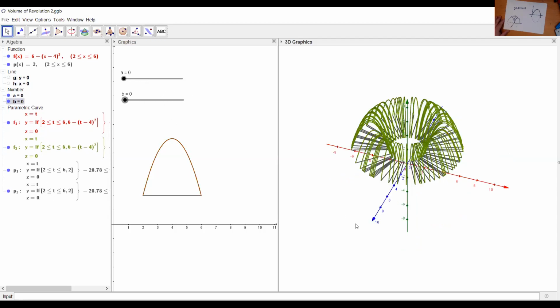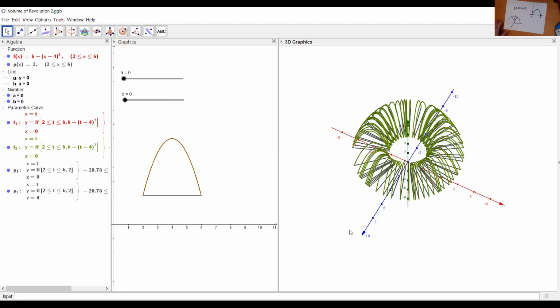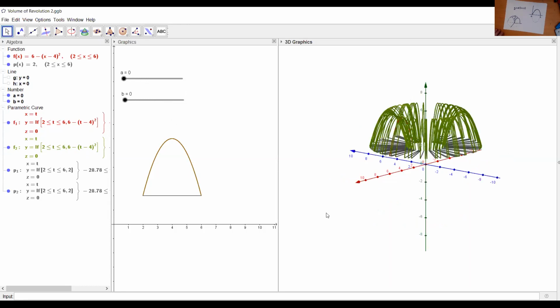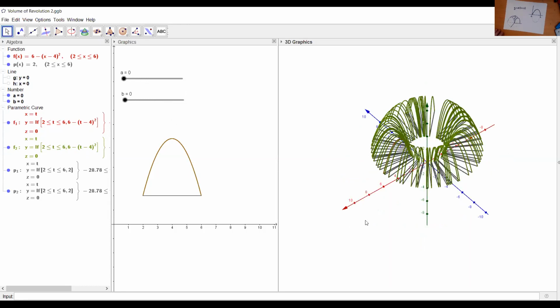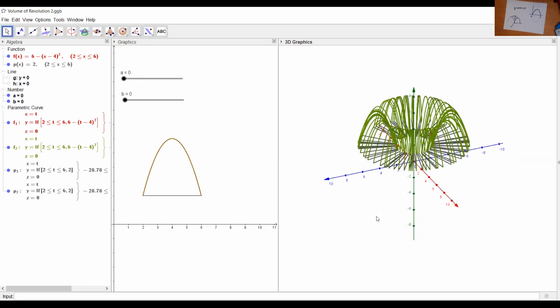A bundt cake. Yeah, that's the name of that kind of shape. So they would have drastically different volumes depending upon how far away this was from the axis, but it would still have the same volume going around the x-axis if I move this thing out to the right.